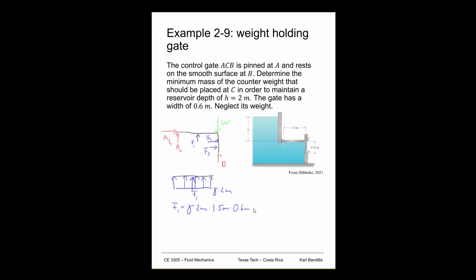So if we plug in our gamma, that'd be 9,810 Newton per meter cubed, times, if we multiply all those together, we get 1.8 meters cubed. So we get our F1 is equal to 17,658 Newton. So that would be the force acting on this part of the plate.